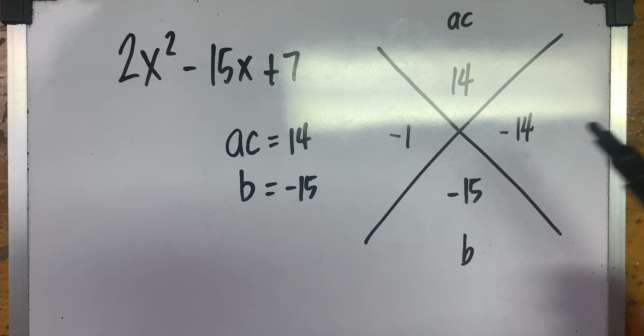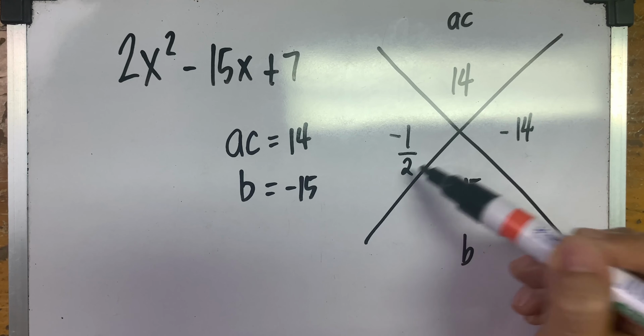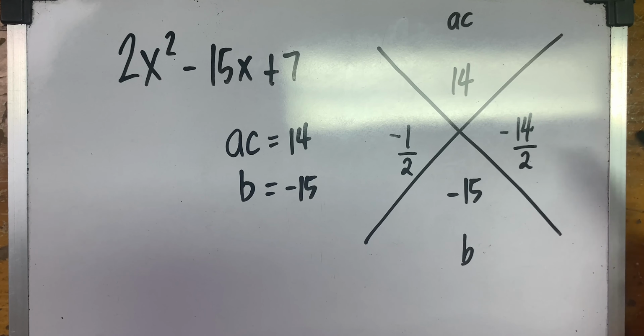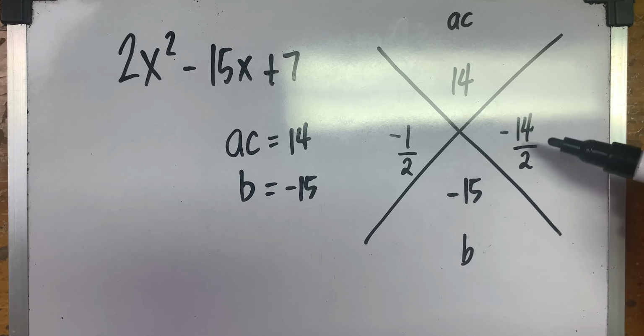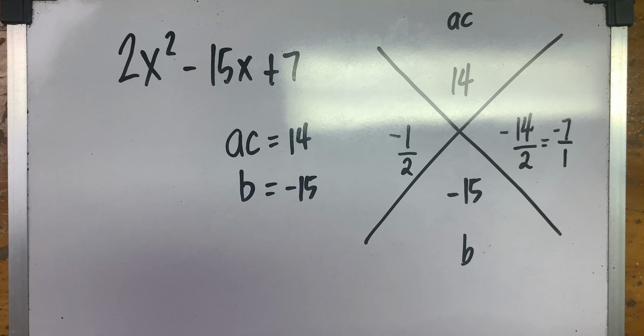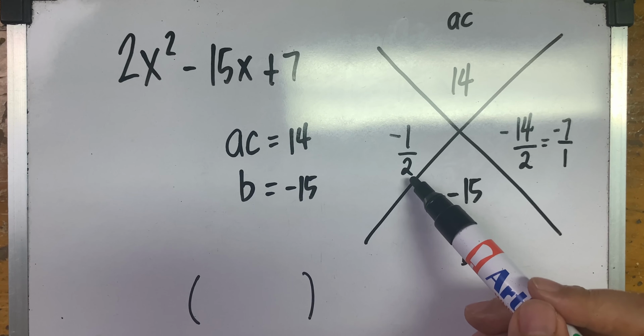Again, we have to divide it by the coefficient of x squared, which is 2. And also this one with 2. This is already in the lowest term, while here we have to reduce it, so it will be negative 7 over 1. Okay, to get the factors, we'll have to get the number below to be the coefficient of x.